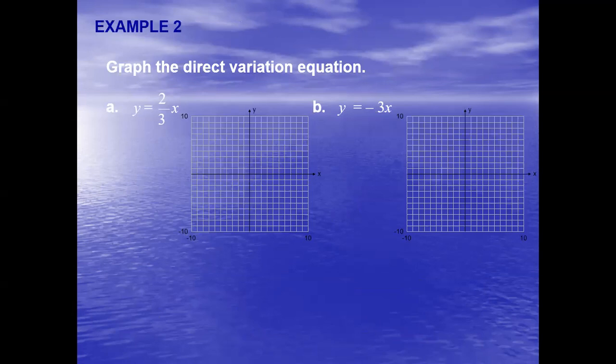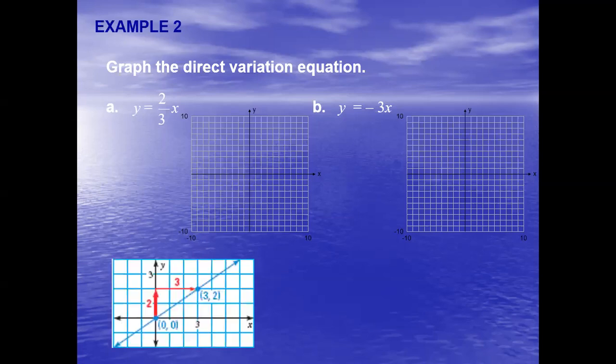So from 0, 0, we will rise 2 units up because it's positive 2, and we will run 3 units to the right because it's positive 3. 2 units above and 3 units to the right to achieve the point 3, 2. By connecting 3, 2 to 0, 0, we will have the straight line.